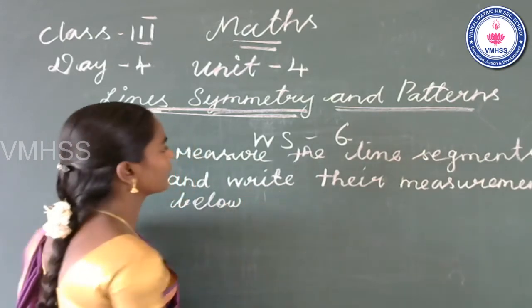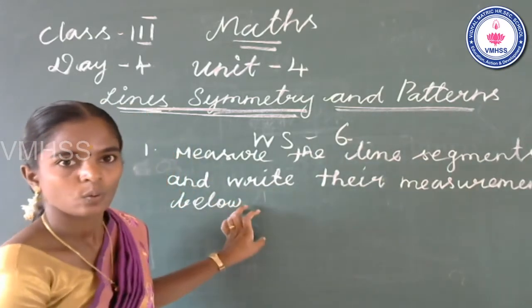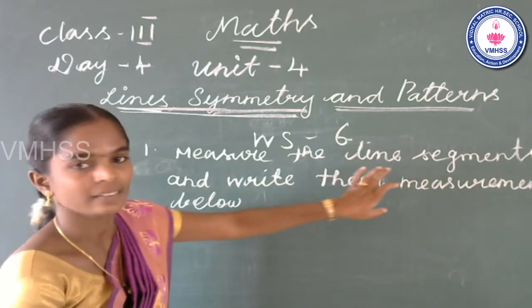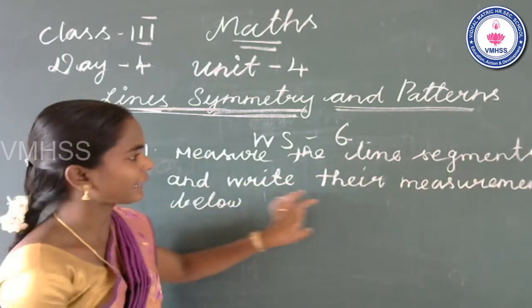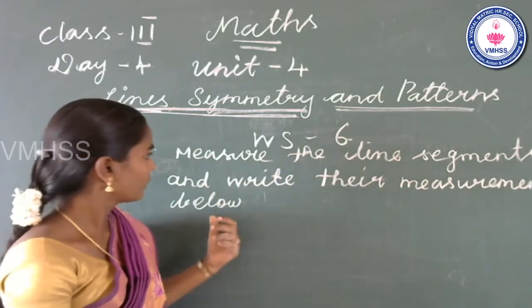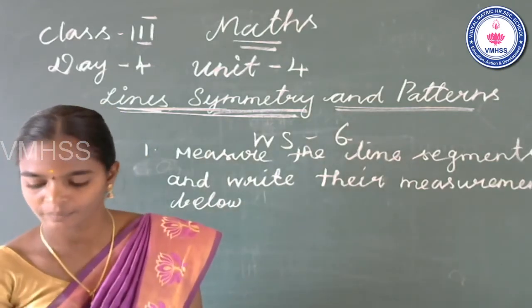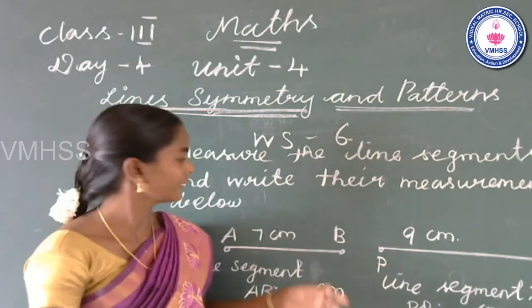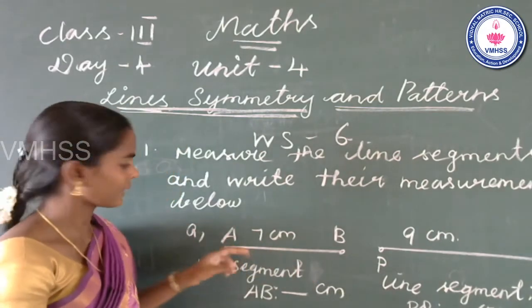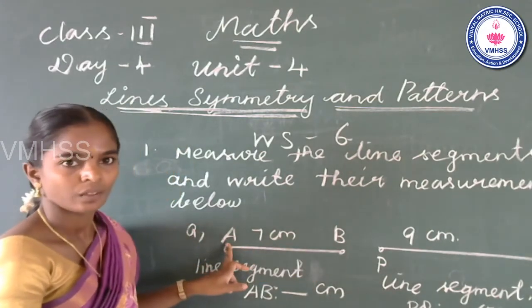Children, first listen now. First question. Measure the line segments and write the measurements below. So first line segment AB is given.